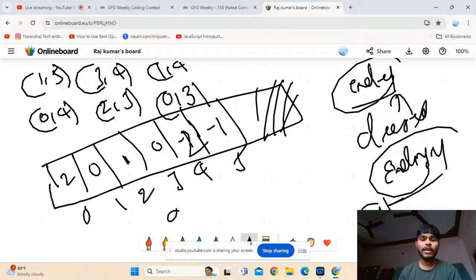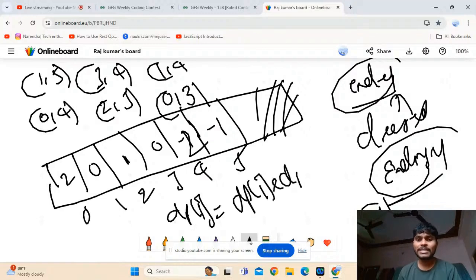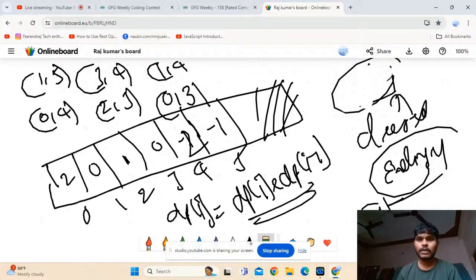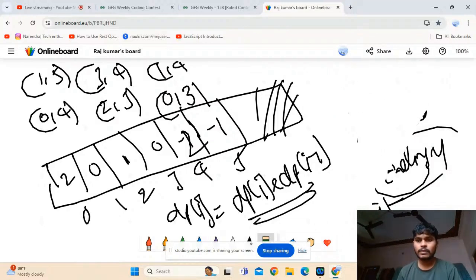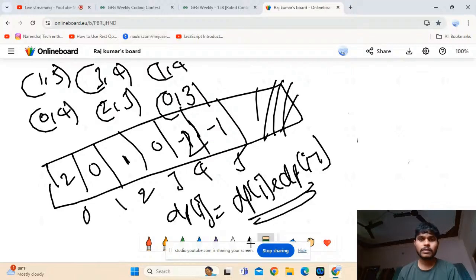Now guys, if you apply dp of I is equal to dp of I plus dp of I minus 1. So guys, here observe one thing. We don't have a previous element for this 0, so I am iterating from here.